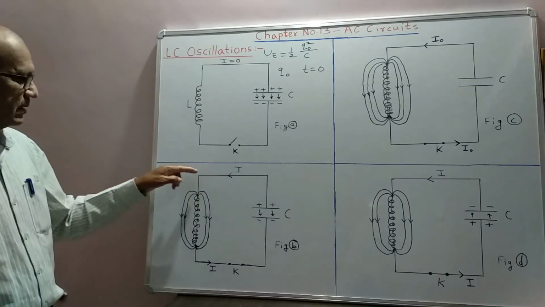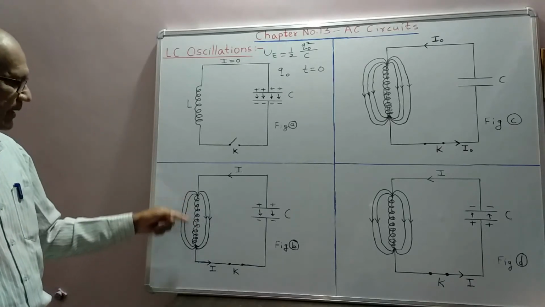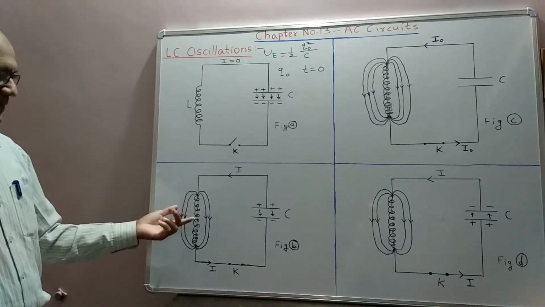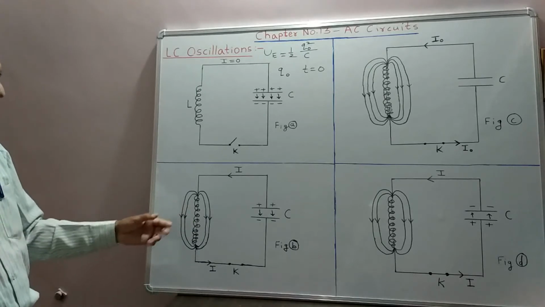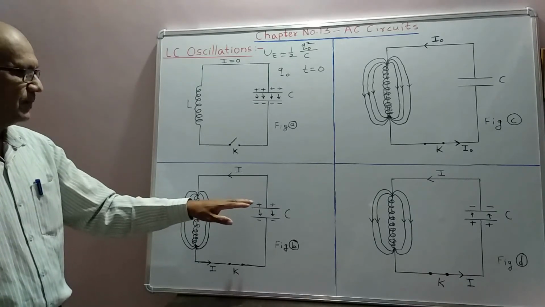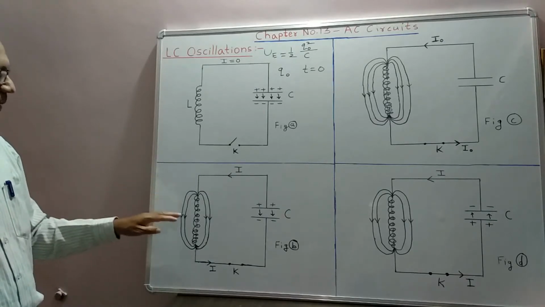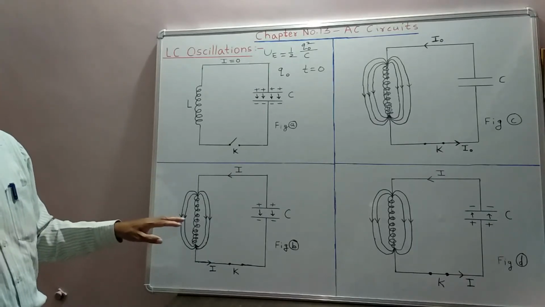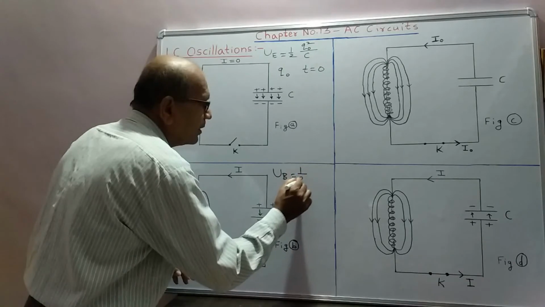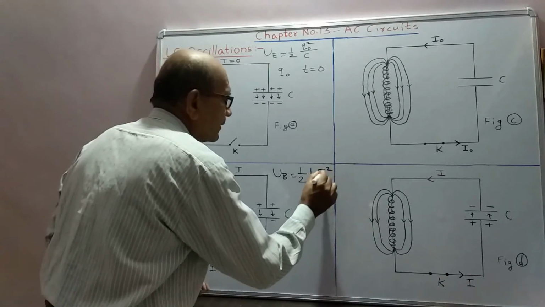As the current increases, the magnetic field in the surrounding region of the inductor builds up, and in that case a part of the electrical energy of the capacitor gets stored in the inductor in the form of magnetic energy, UB equal to 1/2 L I square.